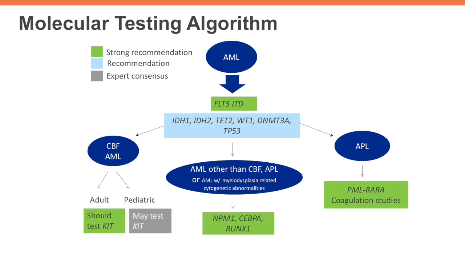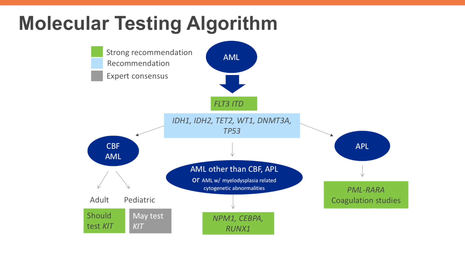So all patients should be tested for FLT3 ITD. It's recommended they should also be tested for IDH1, IDH2, TET2, WT1, DNMT3A, and TP53. If the patient at the far right has acute promyelocytic leukemia, they should have PML-RARA studies as well as coagulation studies.